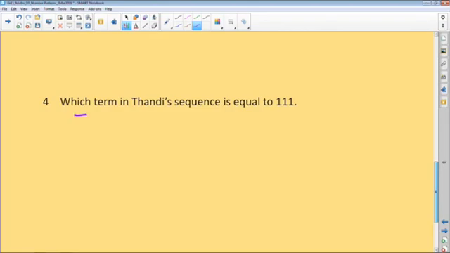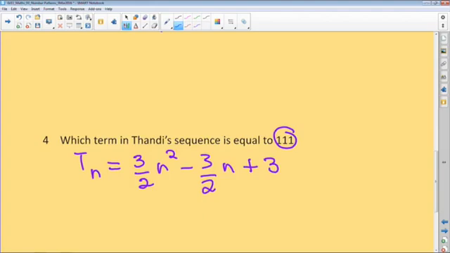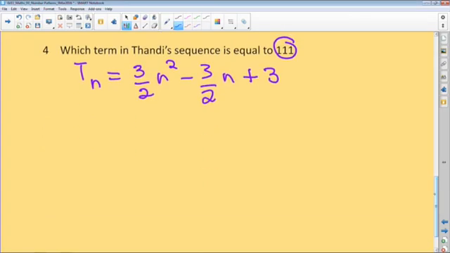We know that Tandy's is Tn equals 3 over 2 n squared minus 3 over 2 n plus 3.